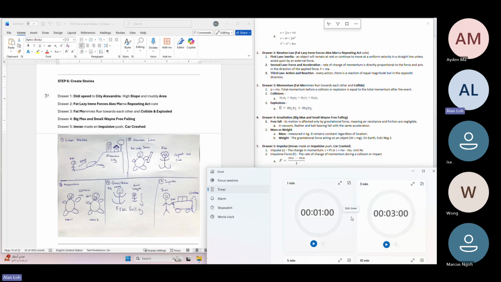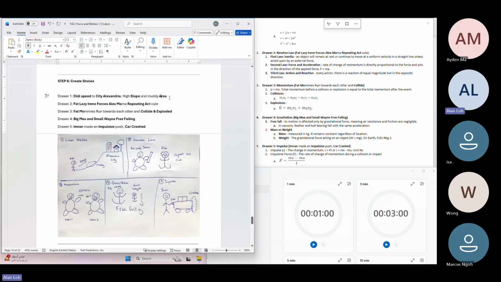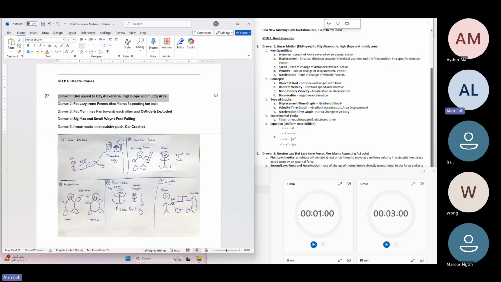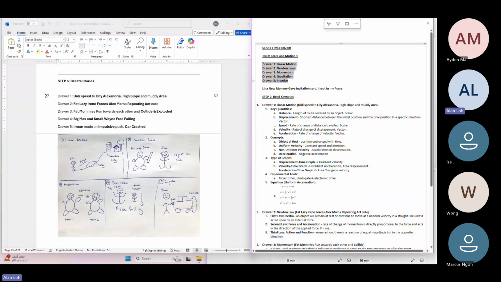Like I promised, I'm going to tell you why this is important. All right, before that, let me ask you a question. Is it easier for you to remember a story? Or is it easier for, let's say this one. So there are 5 drawers.